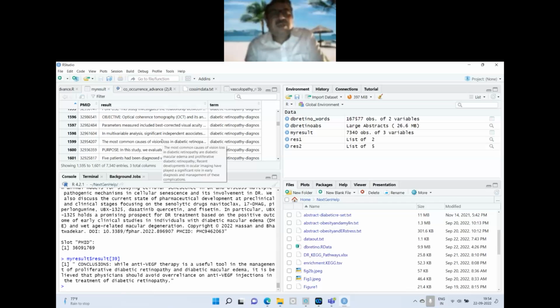And basically ocular imaging is what is used here for detecting. That's not very surprising. It seems to be very obvious for detecting diabetic retinopathy. And what they are saying is that the ocular imaging technology itself is developing, and it's playing a significant role in this.